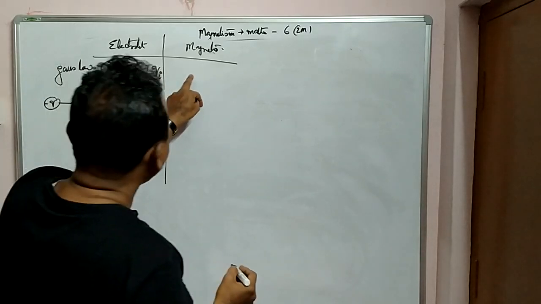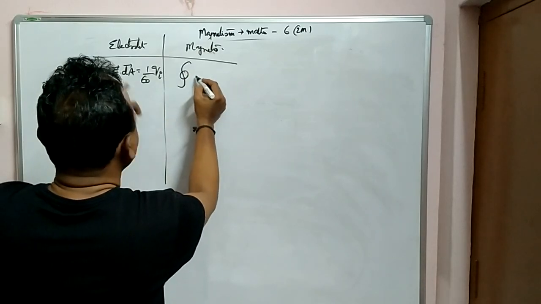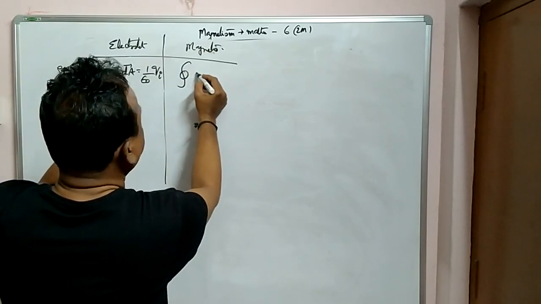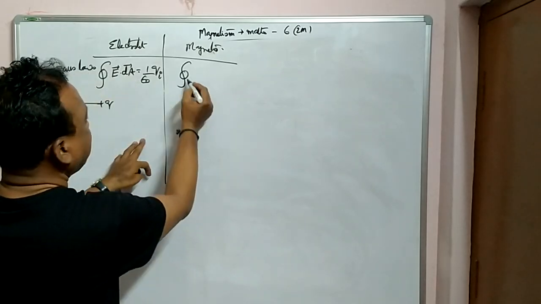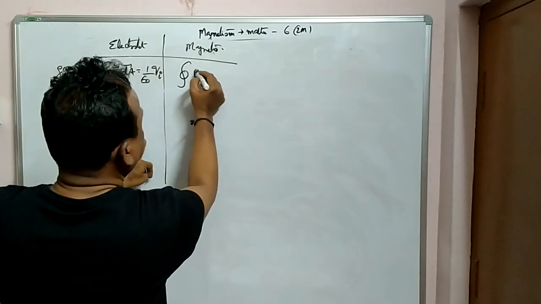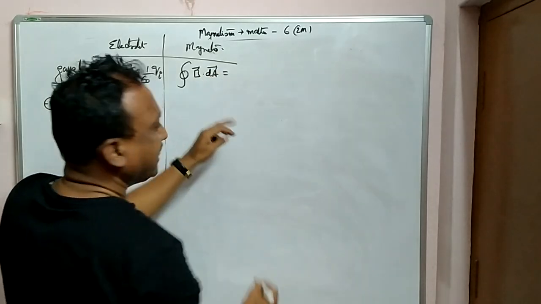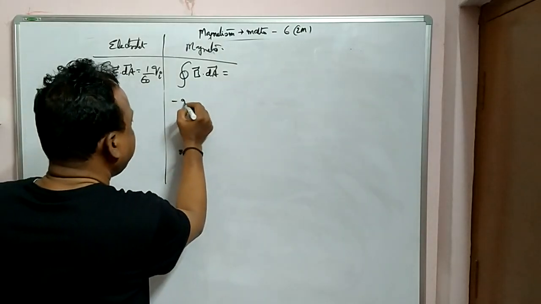Okay? But what about Gauss laws in magnetism? In the place of E, here it is B dot dA. If you take magnetism, minus M and plus M will not be there.